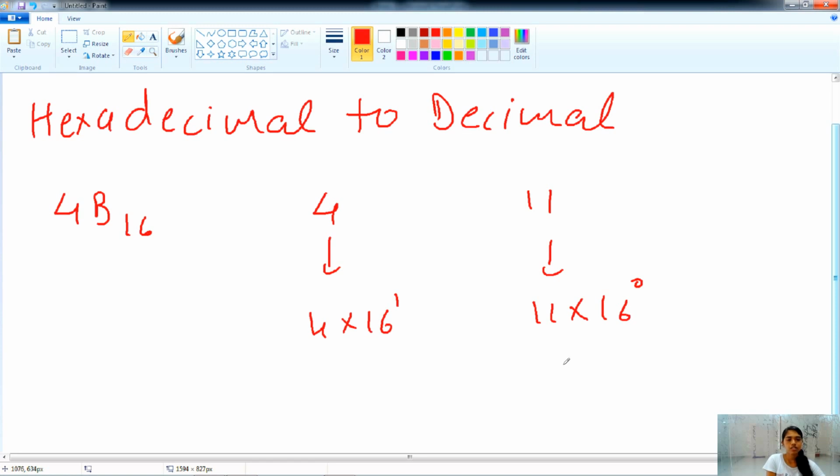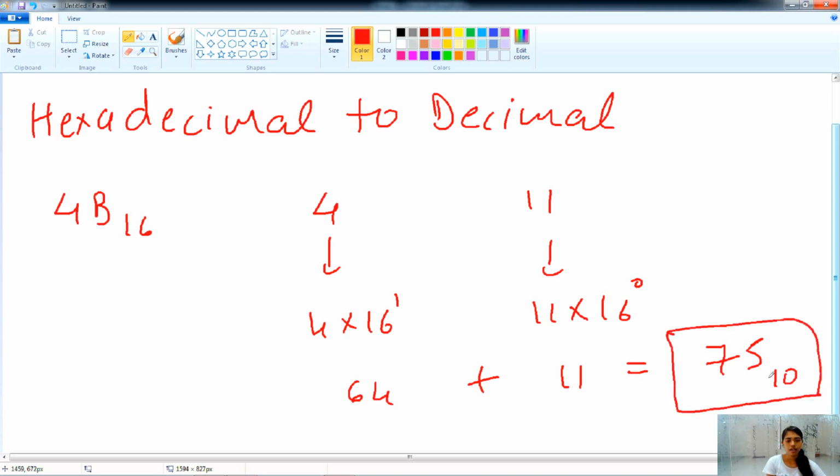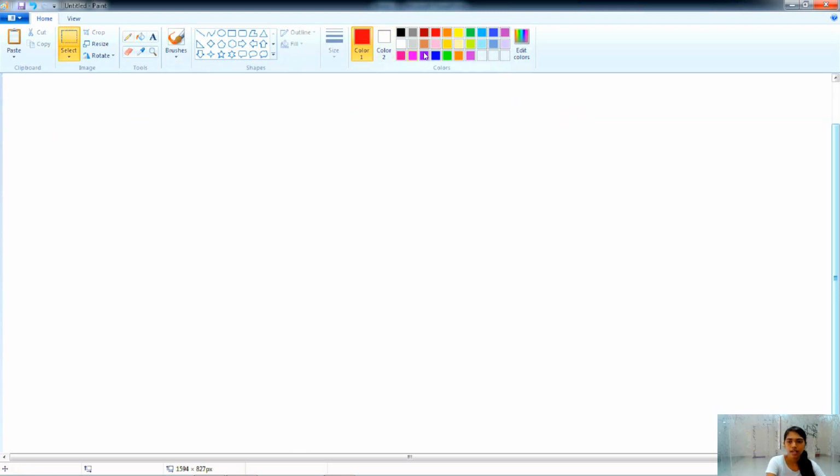Here, the 16 raised to 0 would give us 1, and into 11, that is 11, plus 16 raised to 1, that is 16 into 4 would give us 64, and the answer would be 75. Base as 10. So this is how a decimal number can be obtained from a hexadecimal number. Now, the next conversion, that is binary to hexadecimal.